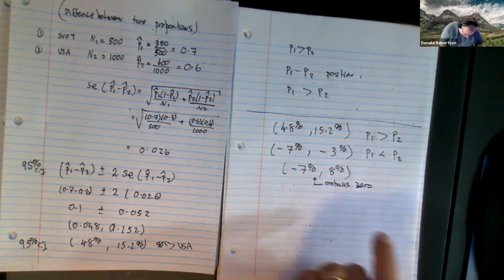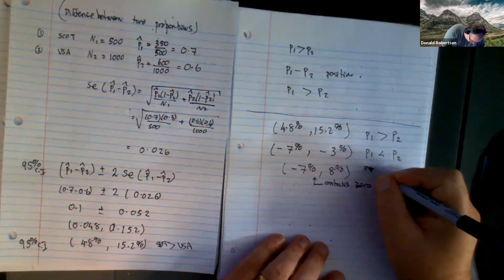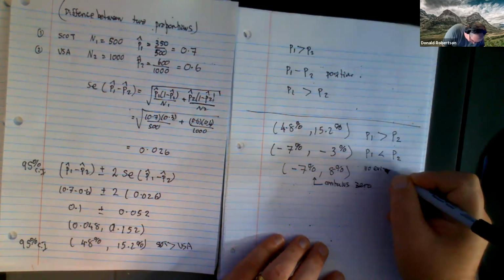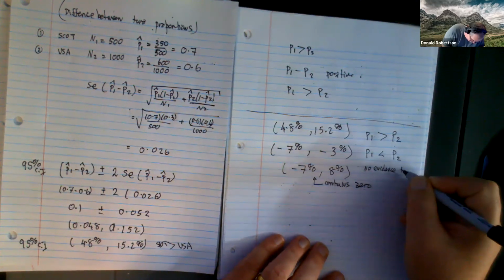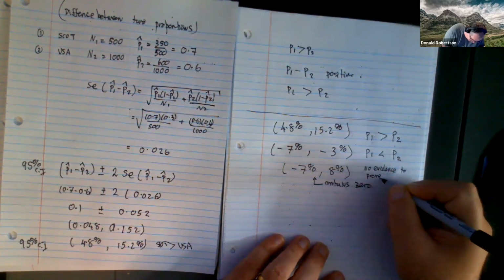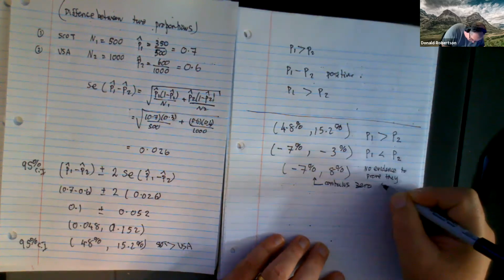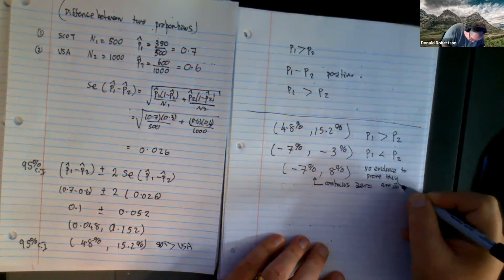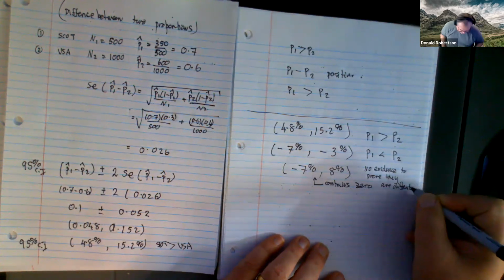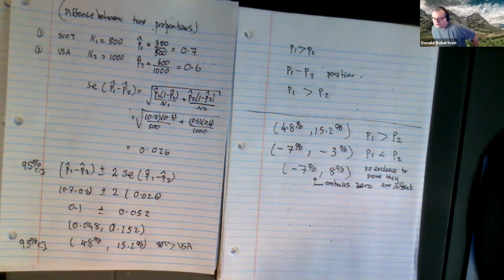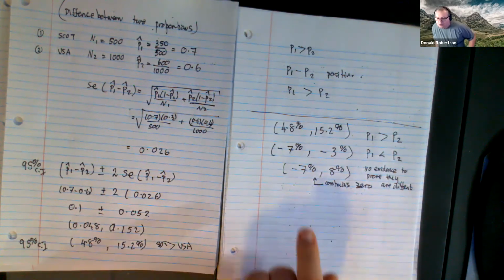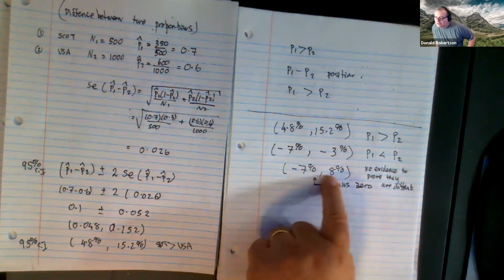When that happens, there is no evidence to prove they are different. So we can't say for sure that the first thing is bigger than the second thing, or that the first thing is less than the second thing. Couldn't it be one or the other? It could be any of these numbers, right?